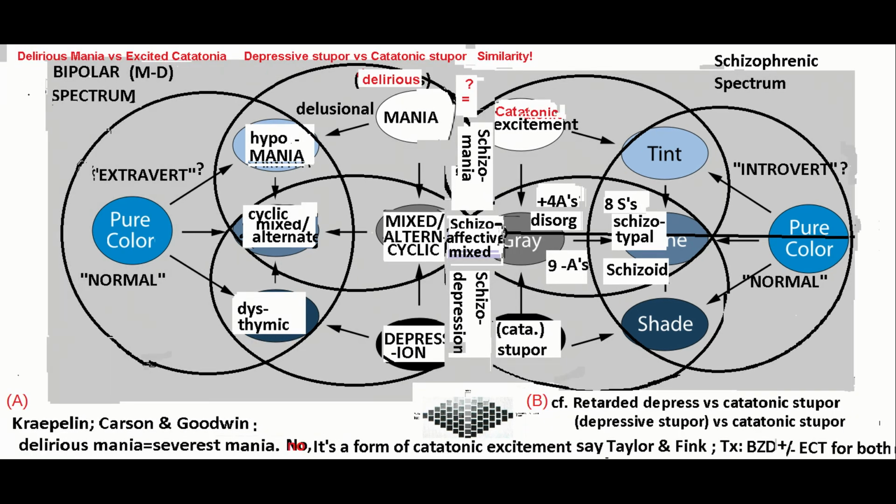If you look up at the top here, this graph, there's delirious mania versus catatonic excitement in red. And why I did that was basically there's a controversy. Kraepelin, Carlson, and Goodwin, who are experts in bipolar disorder, think that delirious mania is the severest manic state, but Taylor and Fink say no, it's a form of catatonic excitement.